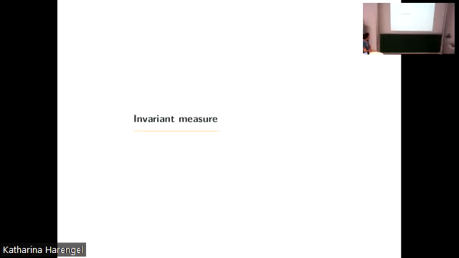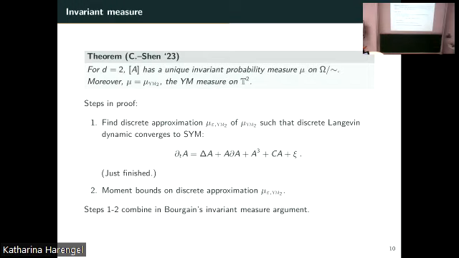Okay, so in my second part, for which I have 20 minutes or so, I'll speak about one more aspect of this work, which is how we connect this universality with the invariant measure. So let me state more formally a theorem that Hao alluded to.